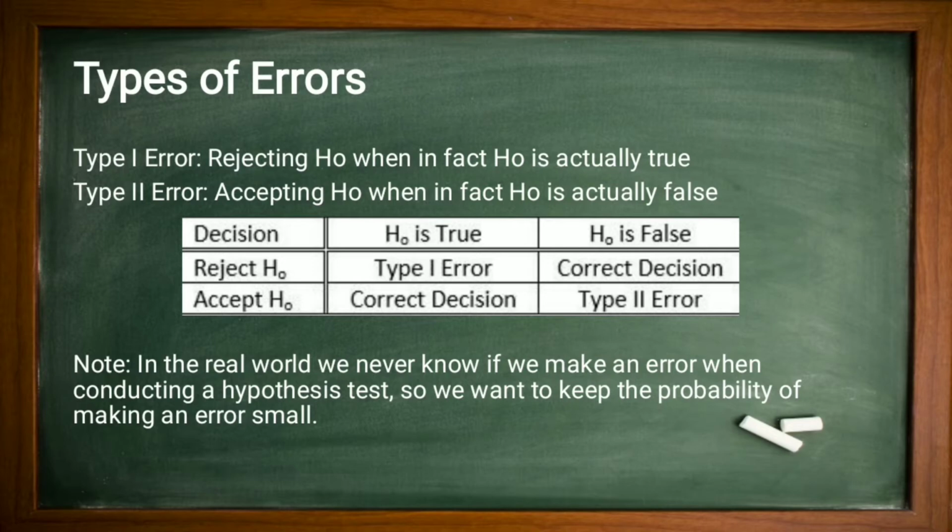Okay, so we have the null hypothesis is true, and below it are type 1 error and correct decision. And lastly, we have the null hypothesis is false, and below it are correct decision and type 2 error.